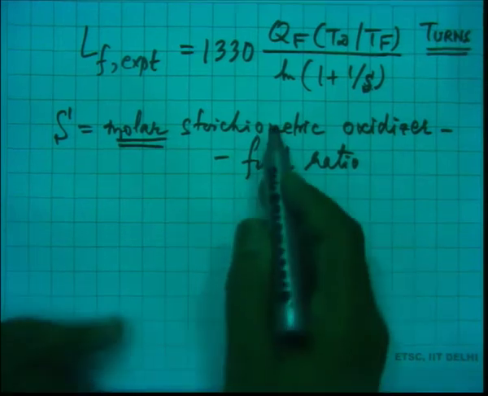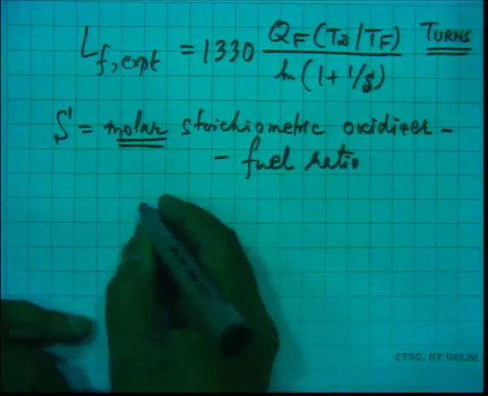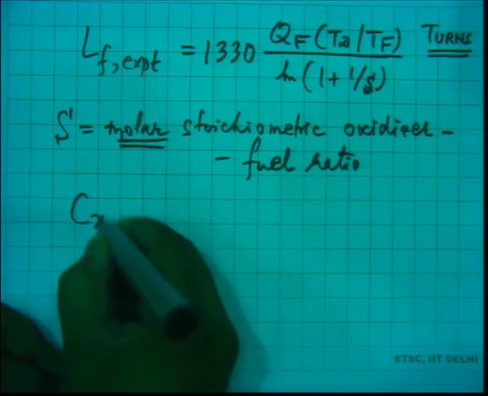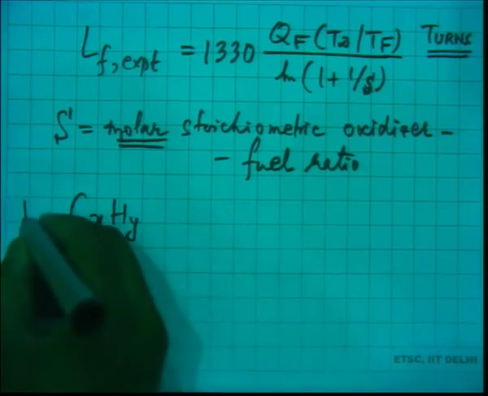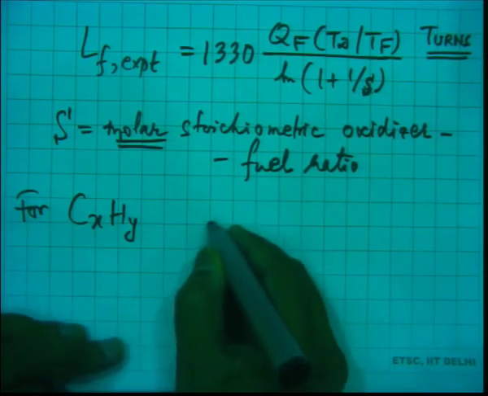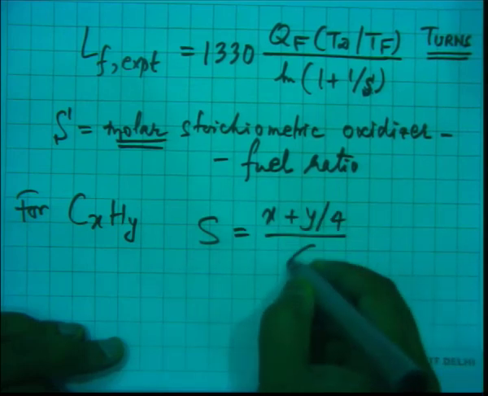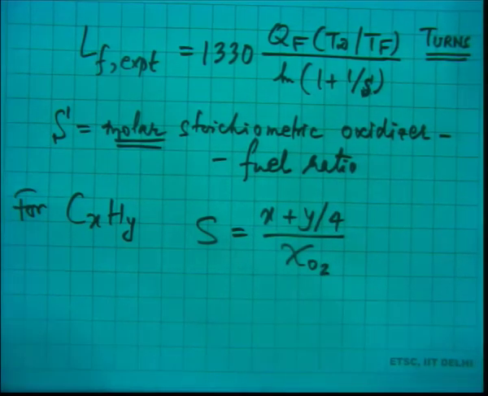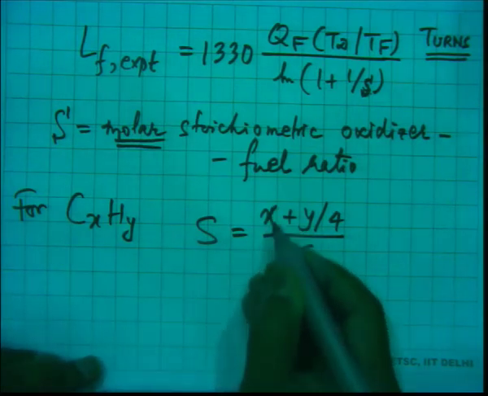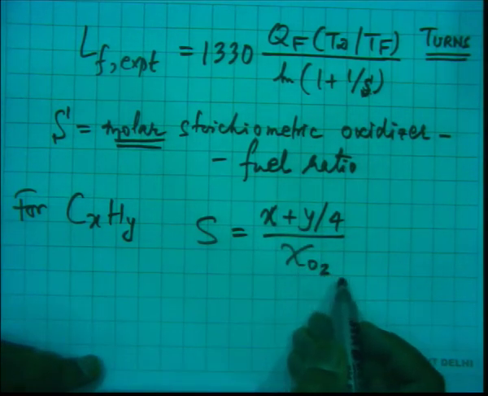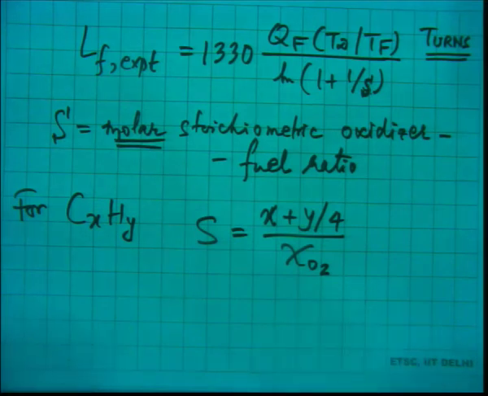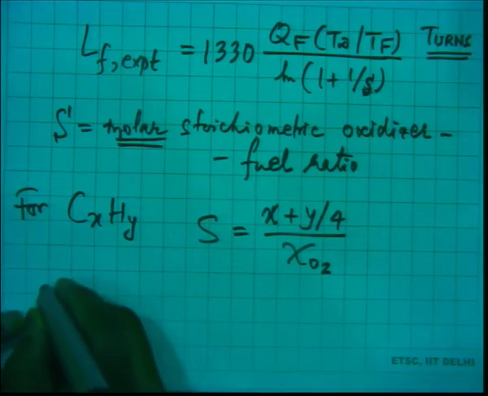So, this is a molar stoichiometric oxidizer fuel ratio, and for a hydrocarbon C_XH_Y, this S is x plus y by 4 divided by chi O2. Okay. Chi O2 is the mole fraction of oxygen in the oxidizer. How do we get this?